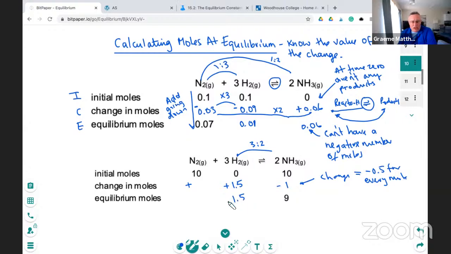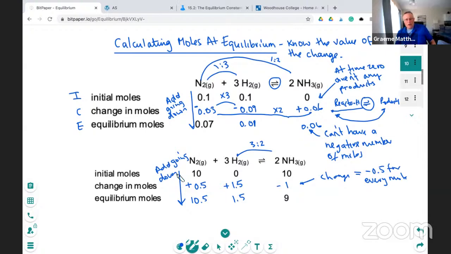And then the change in moles for nitrogen is just going to be 0.5, isn't it? And so you end up with 10.5 because you add going down. Right, so just to get us warmed up, this is how you calculate the moles at equilibrium if you know the value of the change.